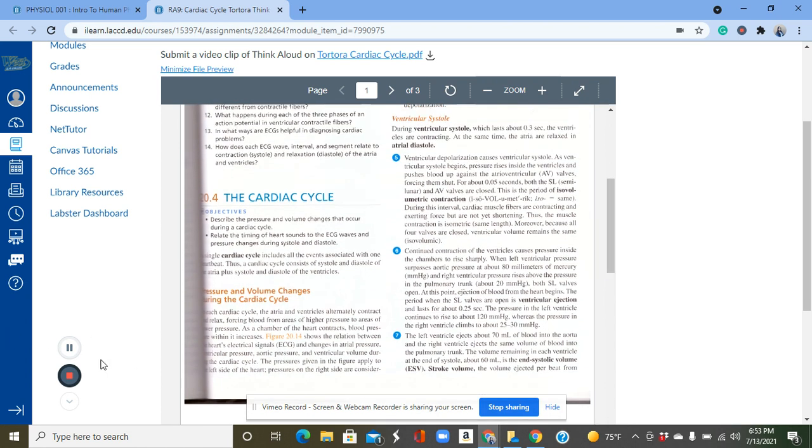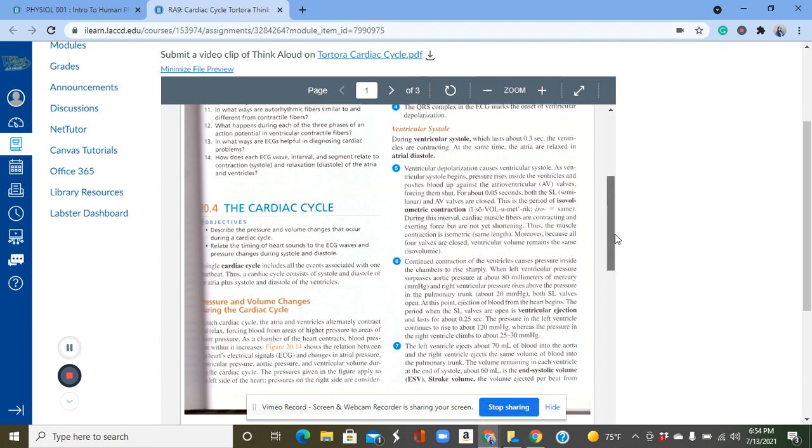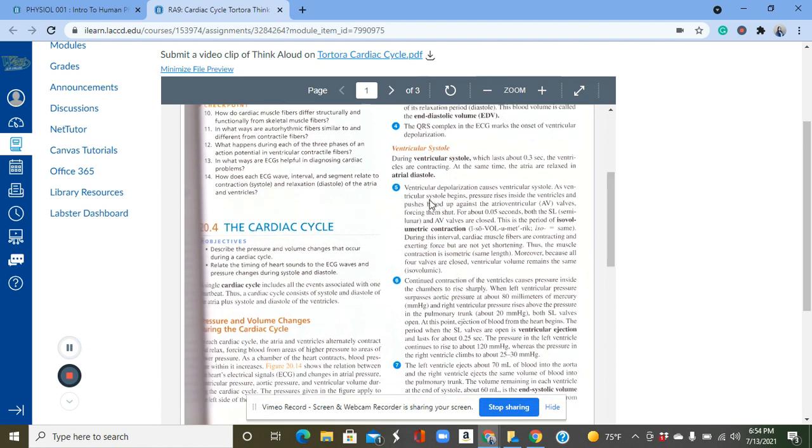Okay, so a few things. Here at ventricular systole, we have the isovolumetric contraction, which is basically an event that occurs in early systole, during which the ventricles contract without any corresponding volume change.